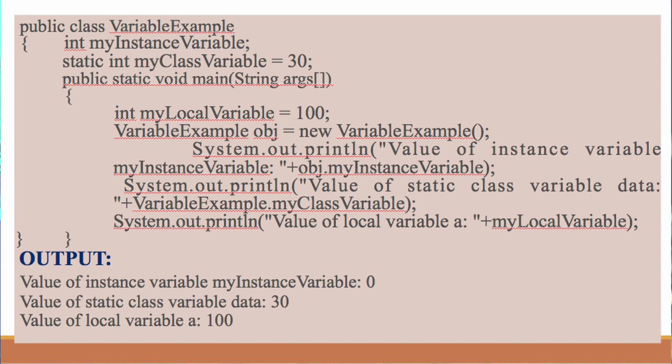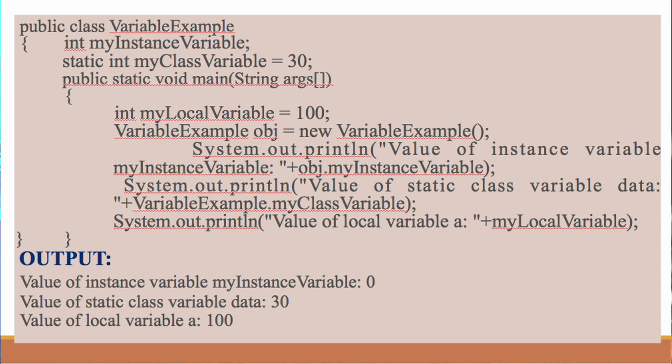For the local variable, in the last line System.out.println, we simply write myLocalVariable. So we will not use any object or class name for a local variable. For an instance variable we write the object name then the variable name, and for a static variable we write the class name, not the object. So this is the example where all the variables are defined.